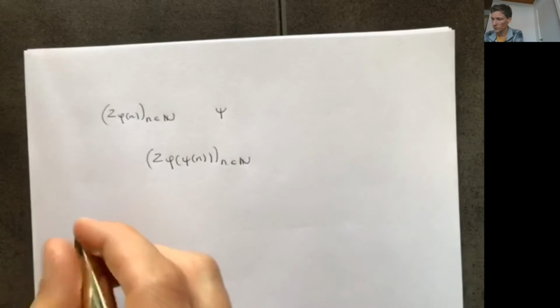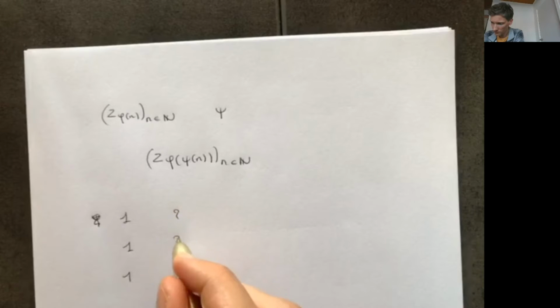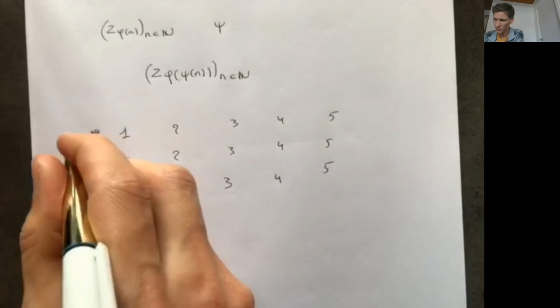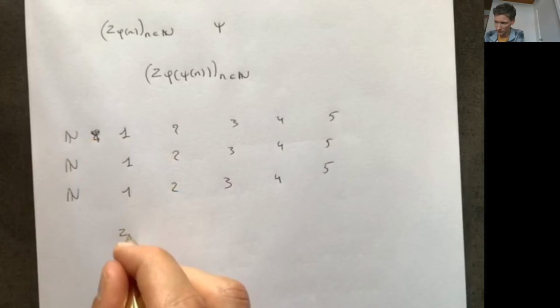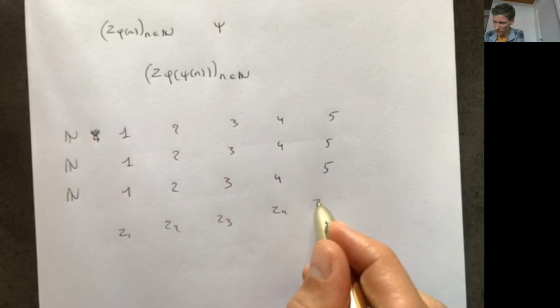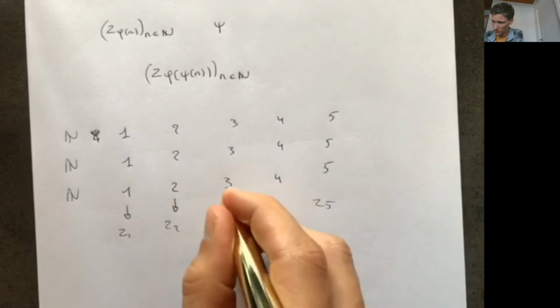So for example, now you have to look at it three stages far. This is z1, z2, z3, z4, z5. This was the original sequence.